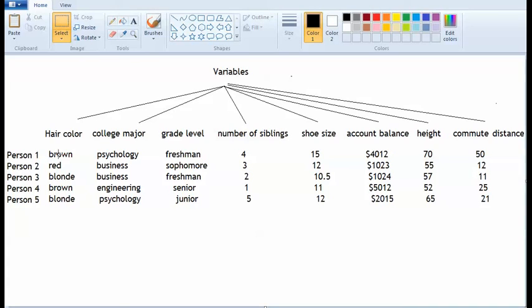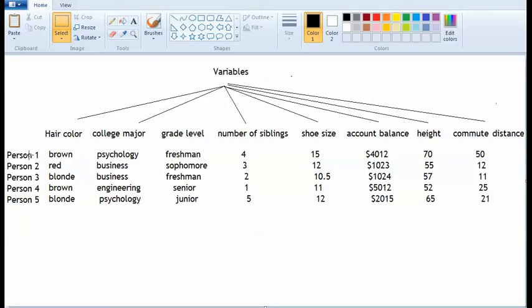What if I was asking these 5 people, how many birthdays do you have per year? And one of the columns in my spreadsheet had a title that said number of birthdays per year. Number of birthdays per year actually wouldn't be a variable. It would be a column in my spreadsheet, but it wouldn't be a variable. The reason why is because number of birthdays per year isn't something that varies across different people.